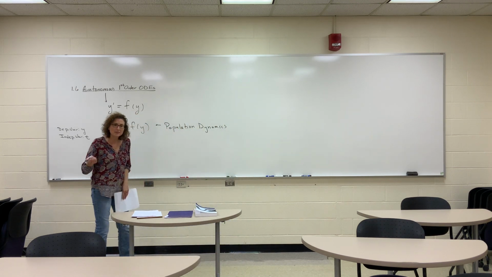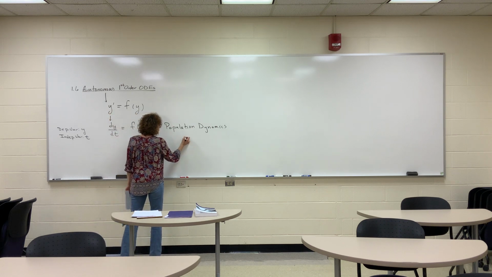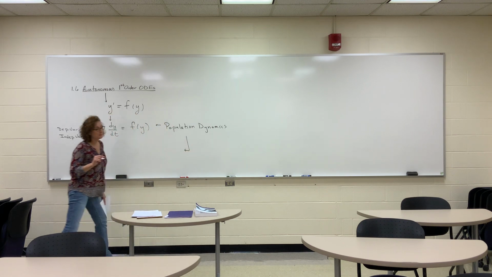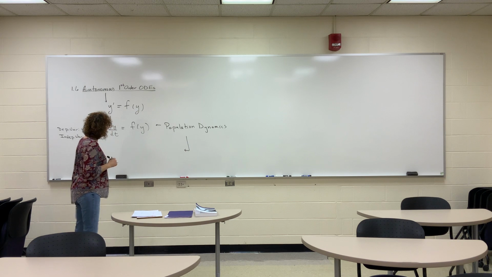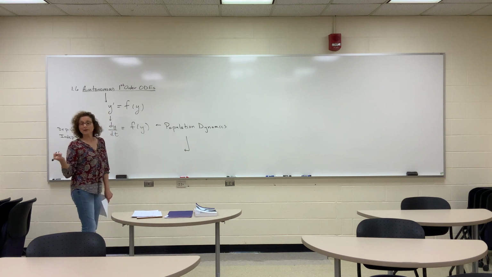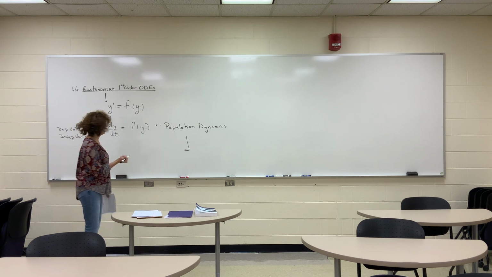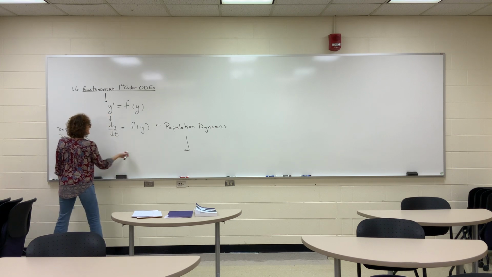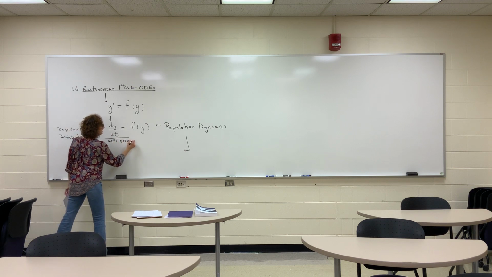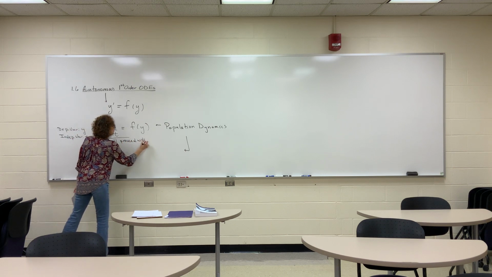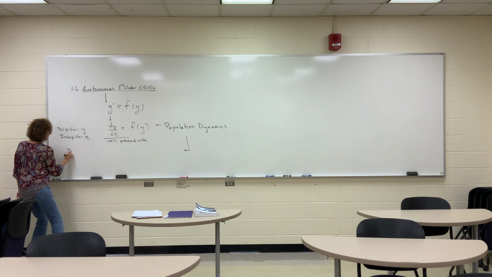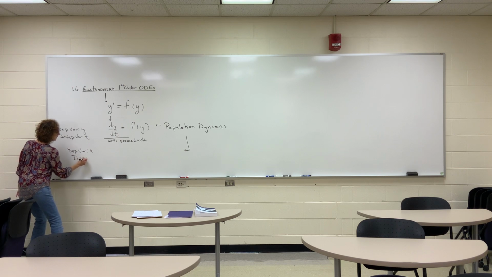But oftentimes what also gets used, and the way our book utilizes these problems, is it's going to go with an x for the population, right? And so instead we'll proceed with x as the dependent variable and t still as the independent variable.